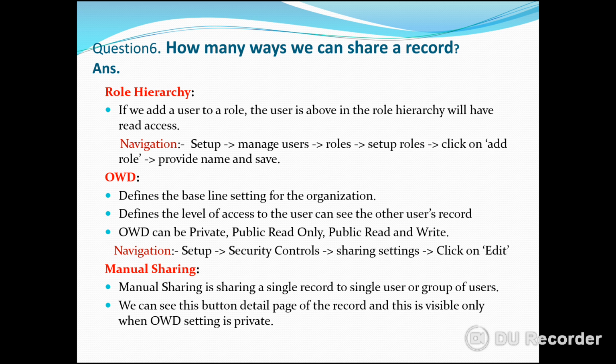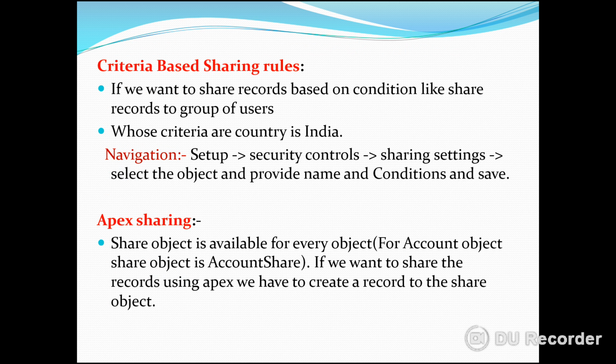And criteria based sharing rules: if we want to share records based on a condition, like share records to a group of users whose criteria is country is India. Here navigation: setup, security controls, sharing settings, select an object, provide name and condition and save. So that is criteria based sharing rules.